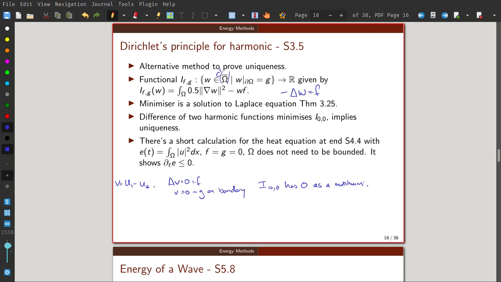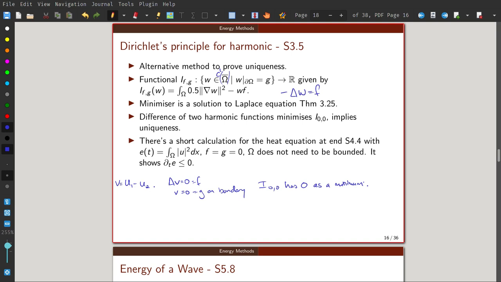And it actually has 0 as its unique minimum, as you can prove from working with the integral. And so therefore V has to be equal to 0, and then U1 is equal to U2, and we've proved uniqueness.